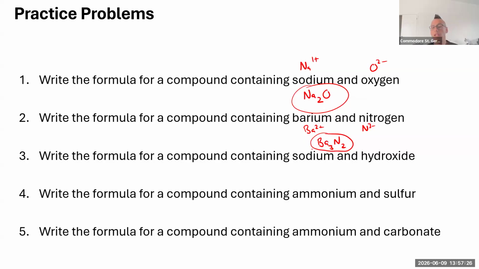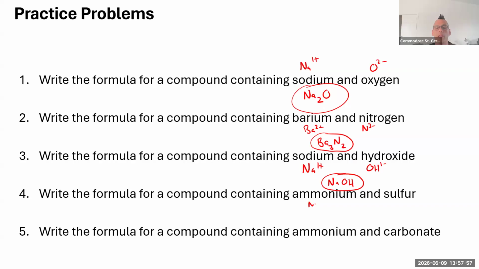All right, now we're going to start getting into polyatomic ions, and you're going to have to get familiar with these. So there's an assignment that we did on the take-home quiz, I believe number 1 or 2, that tells you, hey, we need to do these polyatomic ions. But yes, sodium 1 plus, hydroxide is OH 1 minus. We only need one of each to make a neutral compound, and it's NaOH.